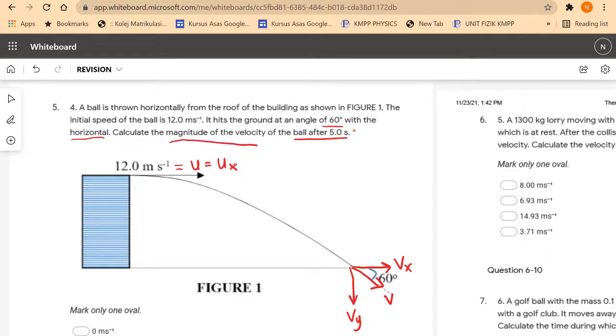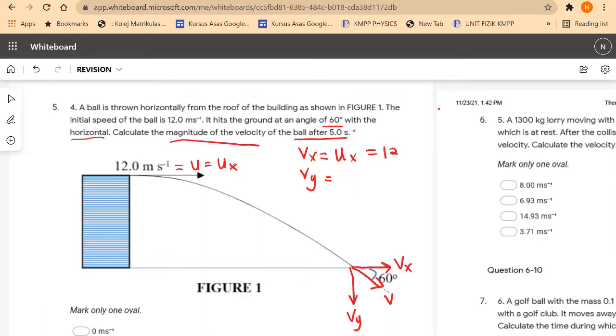So the velocity at 5 seconds will have V at component X and V at component Y, where V at component X is equal to U at component X, because for the X component the velocity is constant. It's always the same. So it is 12.